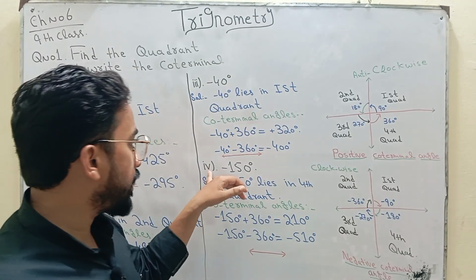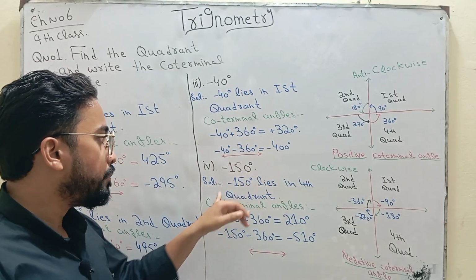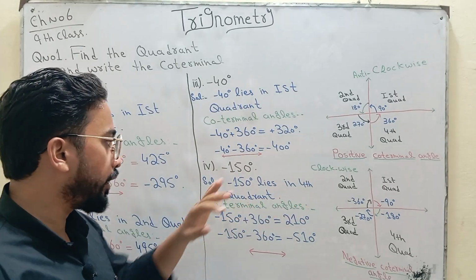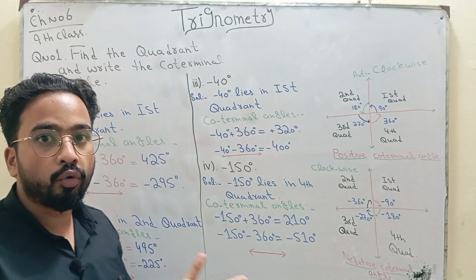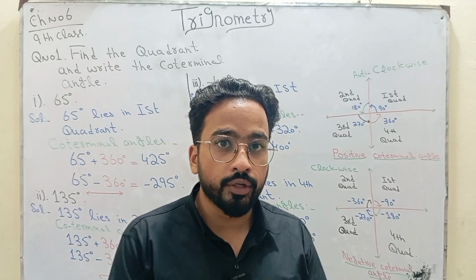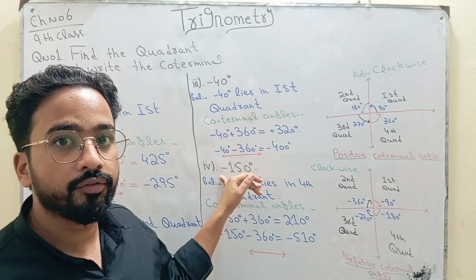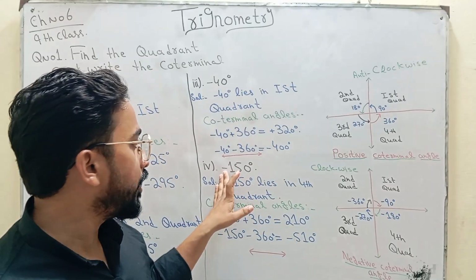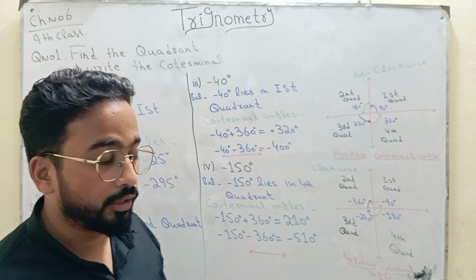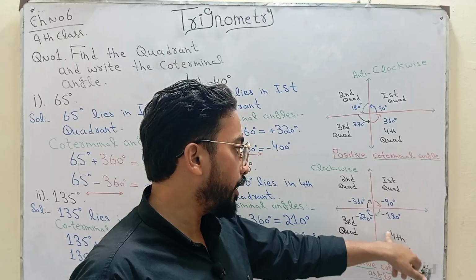The next part is part number 4, which is minus 150 degrees. Minus 150 degrees lies in the fourth quadrant. First of all, we see the sign. We observe that there is a minus sign, a negative sign. So we choose the negative coterminal angle. Our angle is 150 degrees, which lies between 90 and 180.